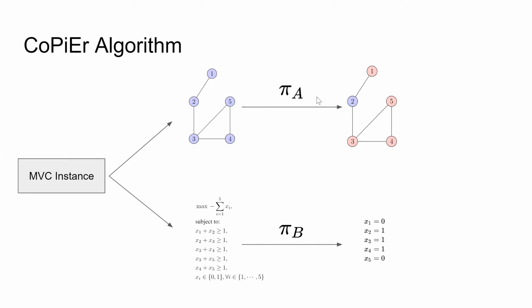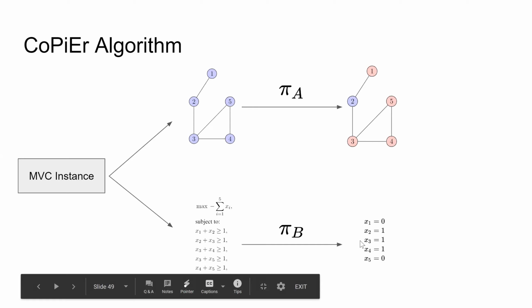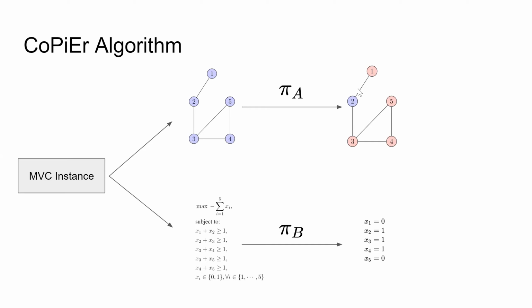Once those two policies are trained, they can produce solutions to these problems. Here I'm labeling the vertex cover generated by pi A, which is 1, 3, 4, 5. As you can see, this is not the optimal one. The solution generated by pi B is actually optimal. Here x2, x3, and x4 are assigned value 1, so that's 2, 3, 4, which is one of the optimal minimum vertex covers.